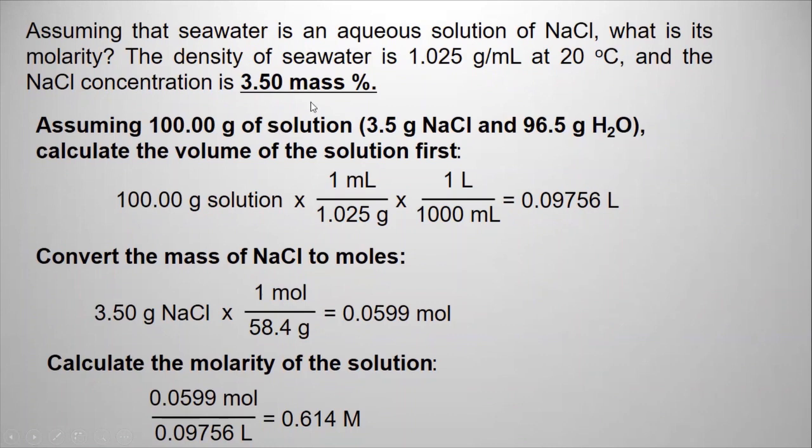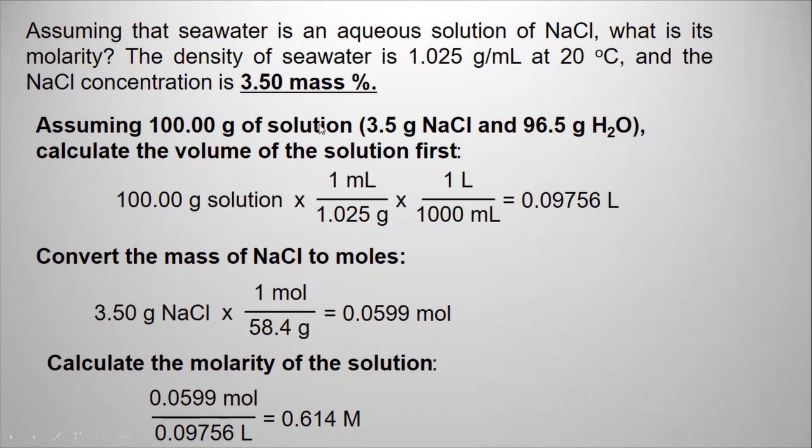So if you have 3.5 grams of sodium chloride, how many grams do you have of water? Remember, the seawater is a solution of sodium chloride and water. It's 100 minus 3.5, and that will be 96.5 grams.